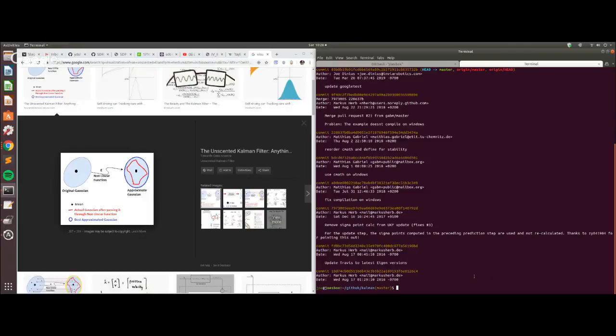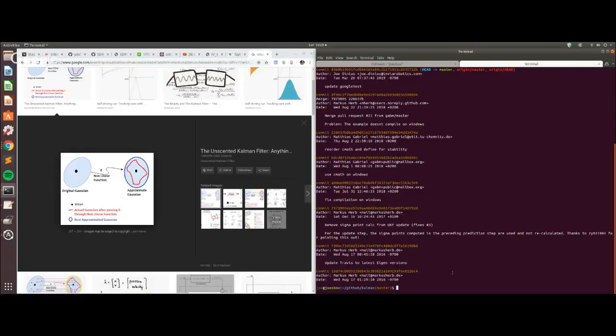And this is basically a way of coming up with an approximate Gaussian that is more conservative and more adaptive to rapid changes, i.e. nonlinear changes from the nonlinearity in either your process model or your measurement model.